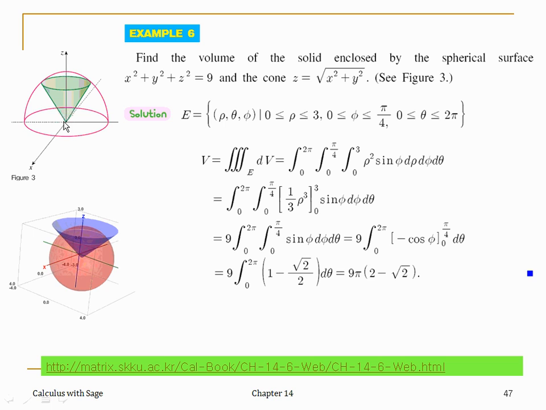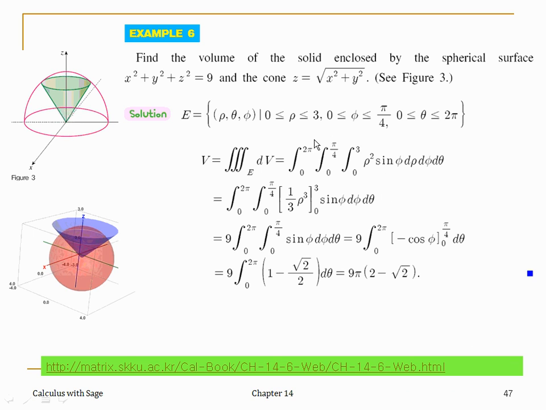We only have this part above the xy plane. So phi should be between 0 and pi over 4, and then we rotate it through 2 pi.